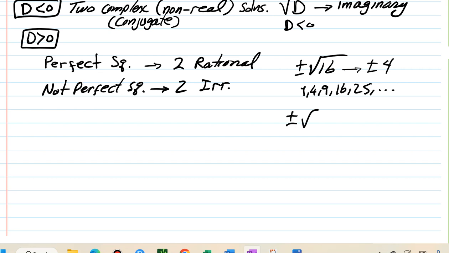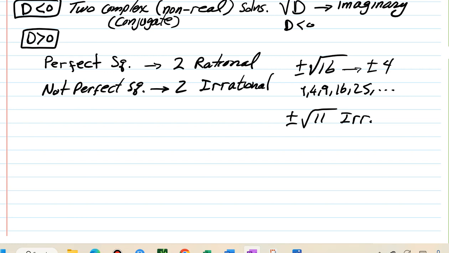If the radicand is a positive non-perfect square, like 11, then the square root of a non-perfect square would be irrational. And that's the reason for having two irrational solutions. Let me write this out so you can see it. And that's the full word, irrational. And there we have it.